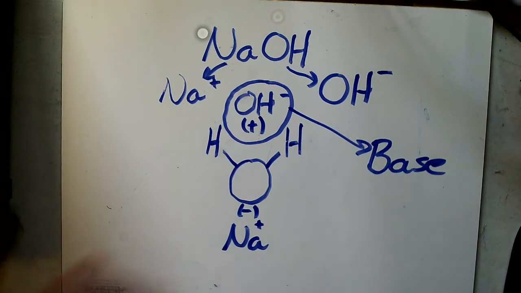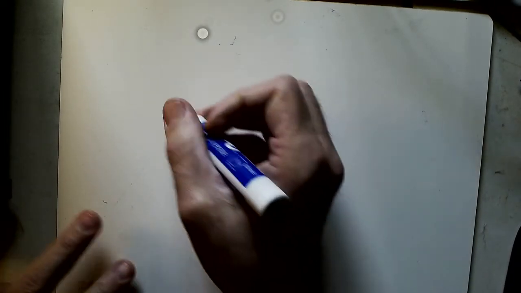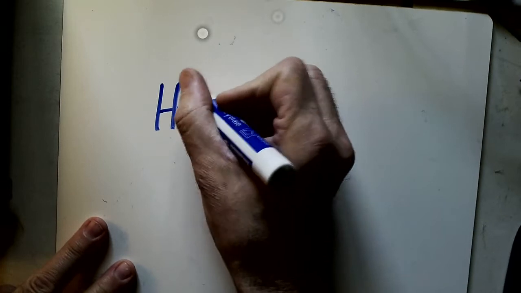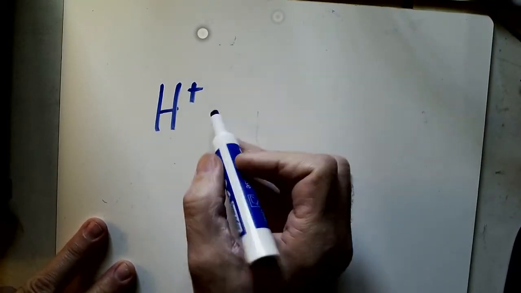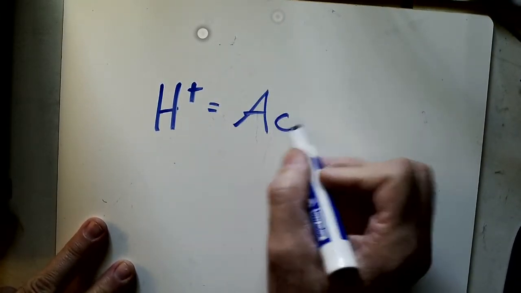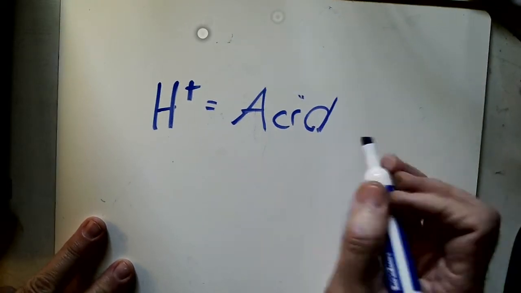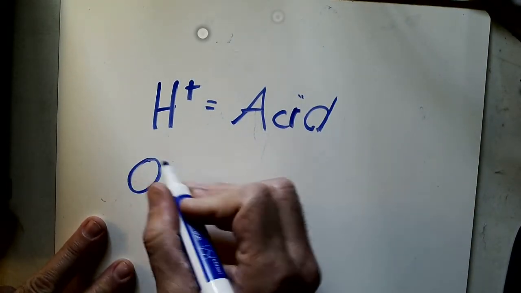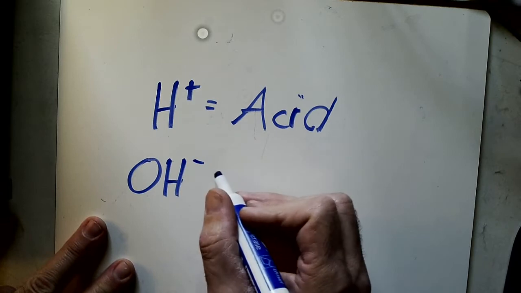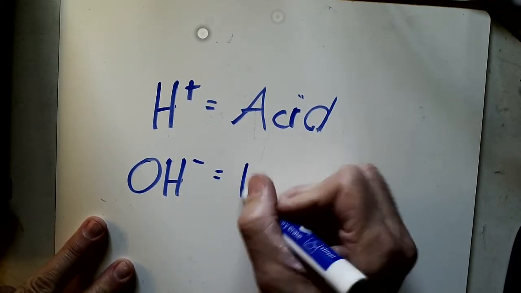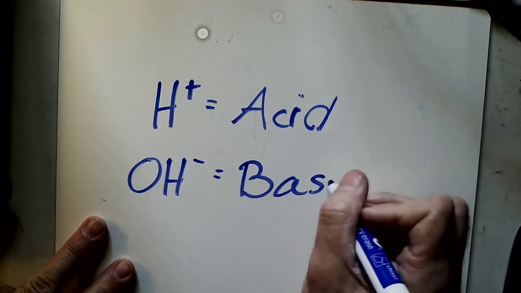So really what we have right now, and this is in your notes, is if you have a hydrogen ion dissolved in water, it's an acid. If you have a hydroxide ion dissolved in water, it is a base.